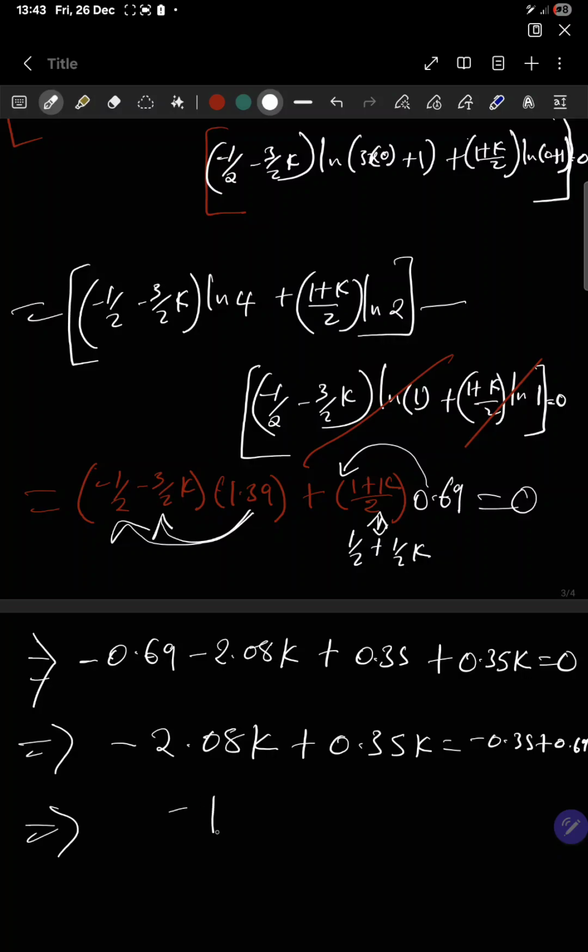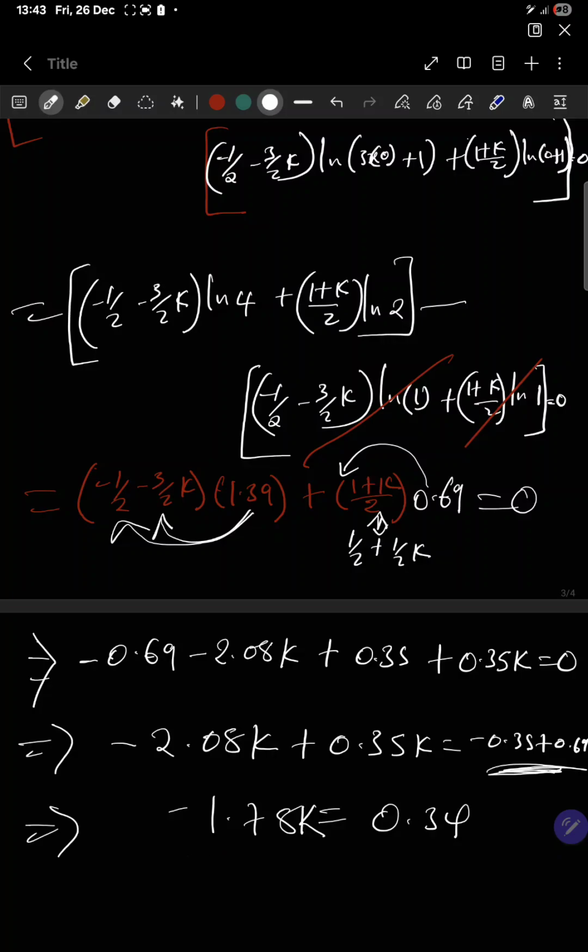So we get negative 1.78k, don't forget that we have a k here because we're adding these which are having k, is equal to, you also do the same on this side, negative 0.35 plus 0.69, giving us a 0.34.